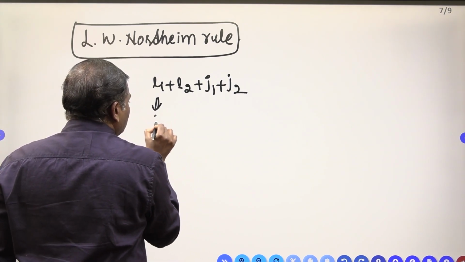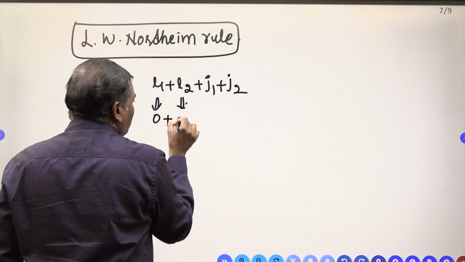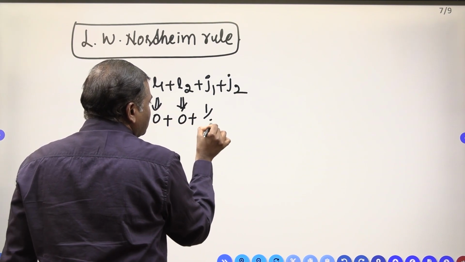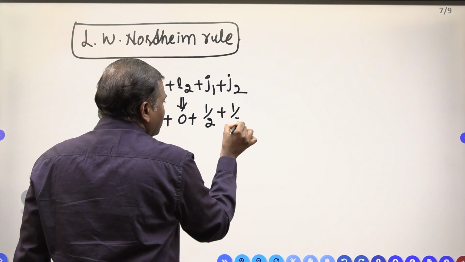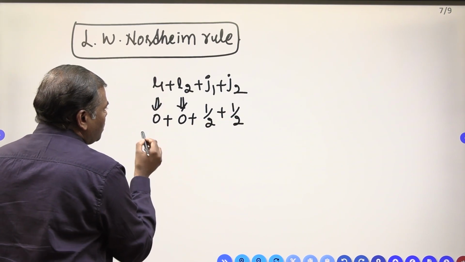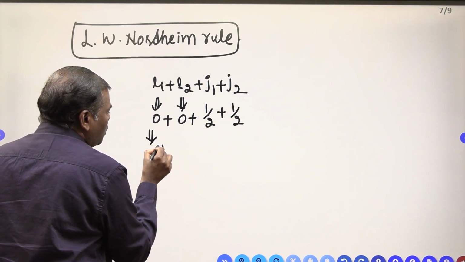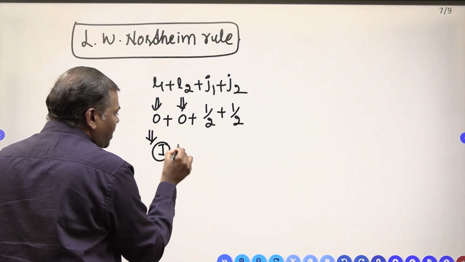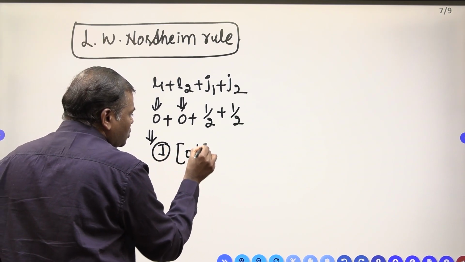L1 is equal to 0, L2 is equal to 0, J1 is equal to 1 by 2, J2 is equal to 1 by 2. So how much value are you getting? 1. Is 1 even or odd? This value is odd.